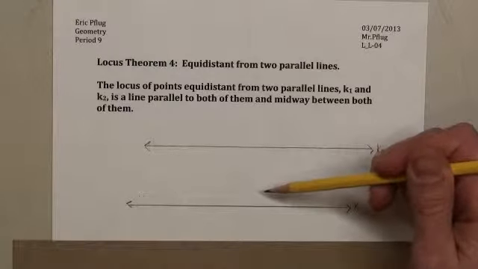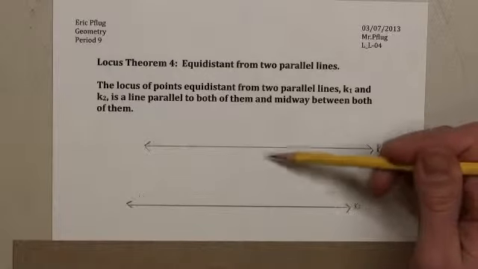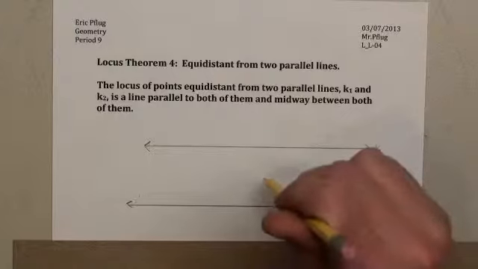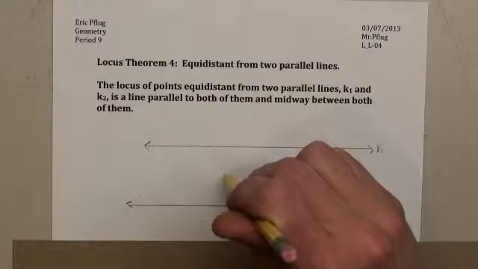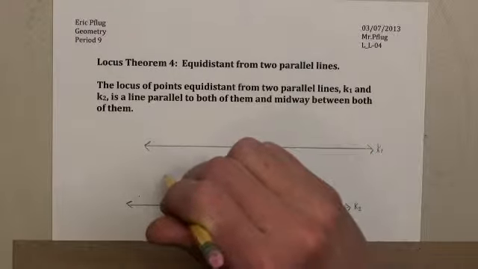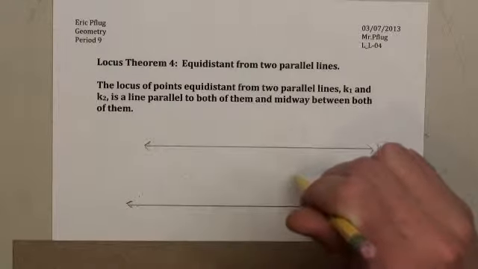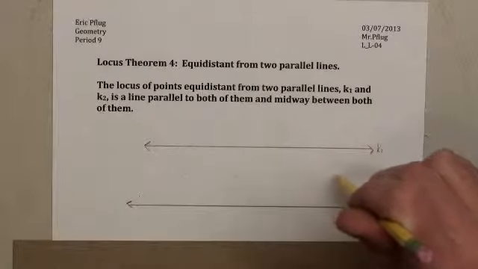Obviously the points that are the same distance from these two lines are the ones that are directly in the middle of the lines. So if I kept making points that were the same distance from both lines, you would get all these points here.